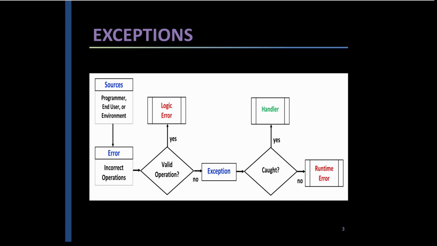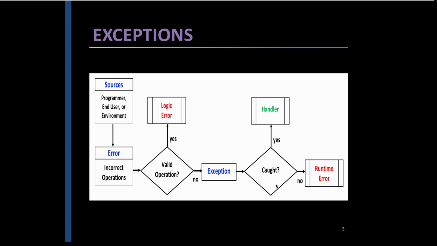Then the CPU says, that's it, I'm not doing this, and we say it throws an exception. That means it deviates from the normal flow of the data path and requests the operating system to kick the program out of memory. So that's what happens when an exception is thrown.